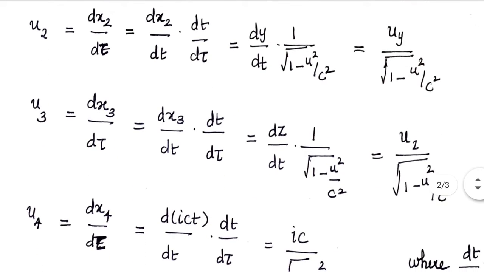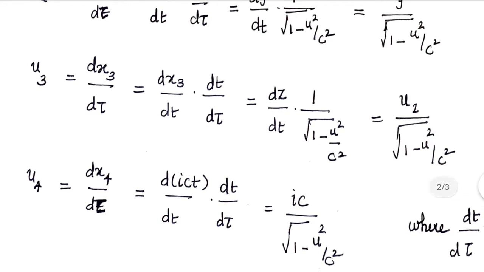So the third component is given by u3, dx3 by d tau, again writing it as dx3 by dt into dt by d tau. x3 is nothing but z, so dz by dt into 1 by root of 1 minus u square by c square, and dz by dt is nothing but uz. So the third component u3 is equal to uz divided by root of 1 minus u square by c square.